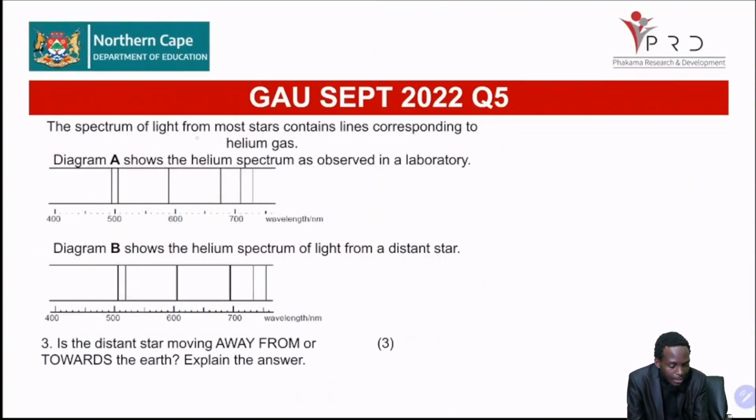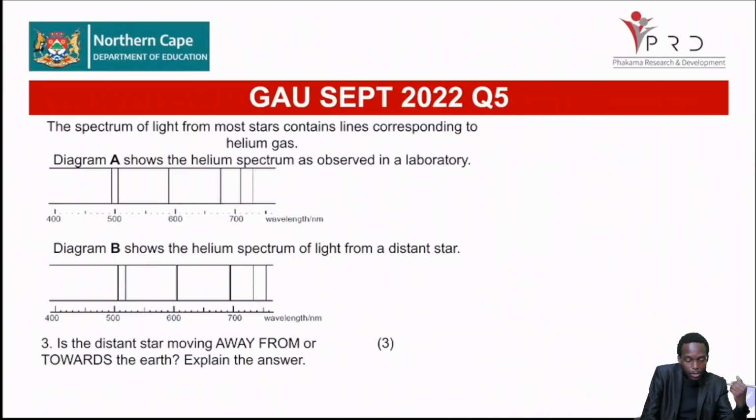Next question, still from the same paper, of course. The spectrum of light from most stars contains lines corresponding to helium gas. Diagram A shows the helium spectrum as observed in the lab. Diagram B shows the helium spectrum of light from a distant star.